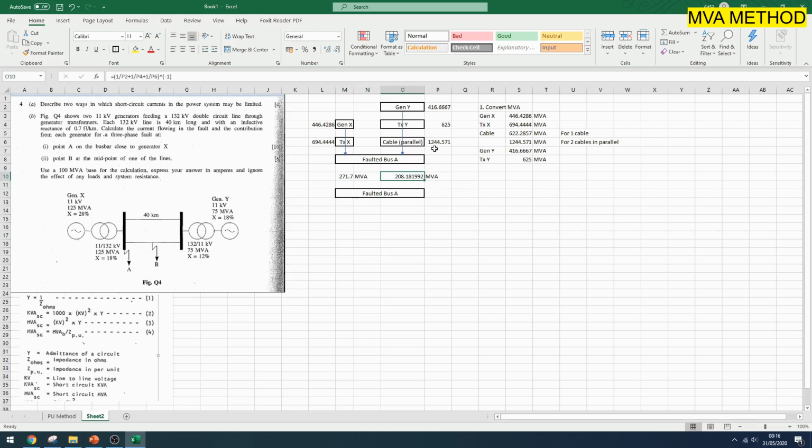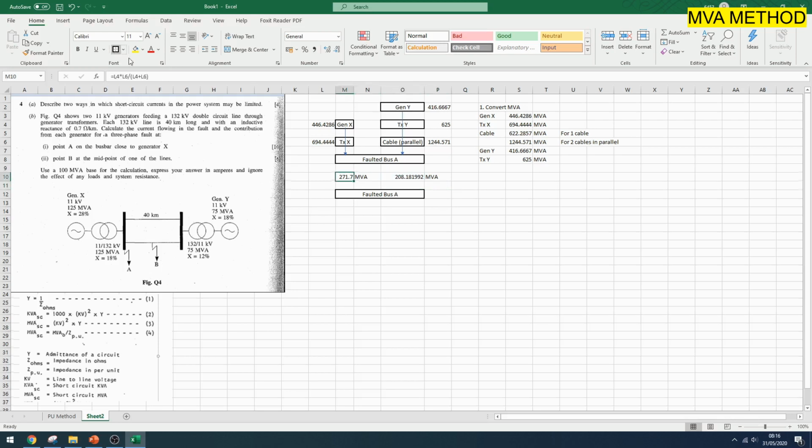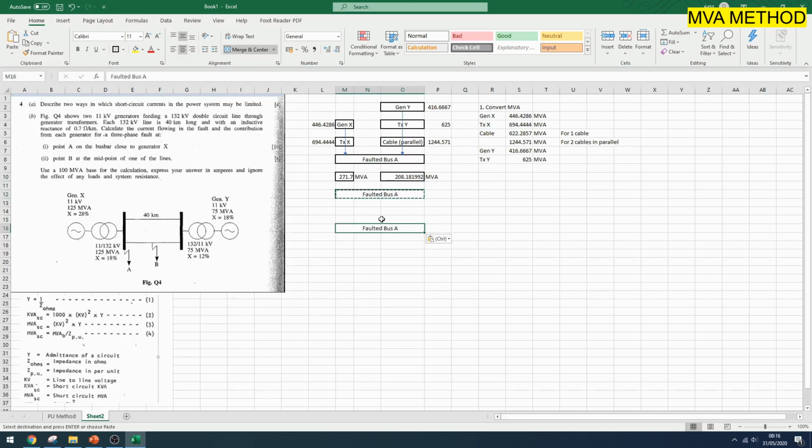Since these two are in parallel, you just add up both. Okay, so we'll repeat the last step. The final value would be equal to this one times this one divided by this one plus this one. Oh, times.